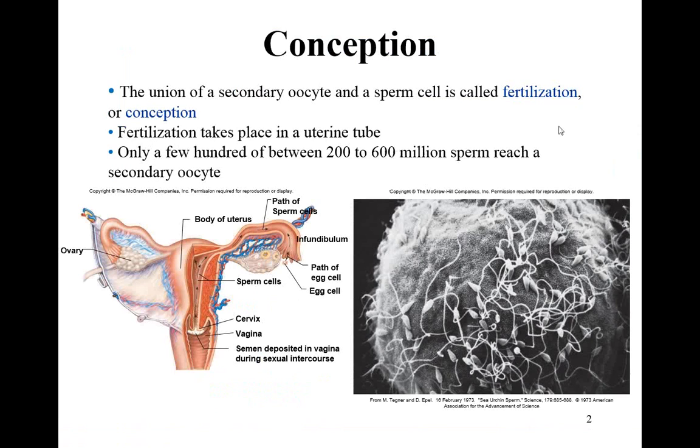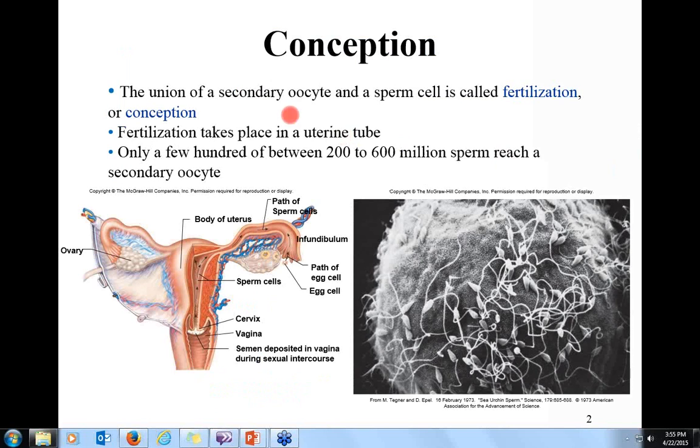All right, conception. Conception is when the secondary oocyte and sperm meet, and it takes place in the uterine tube. Now, only a few hundred of the 200 to 600 million sperm reach a secondary oocyte.